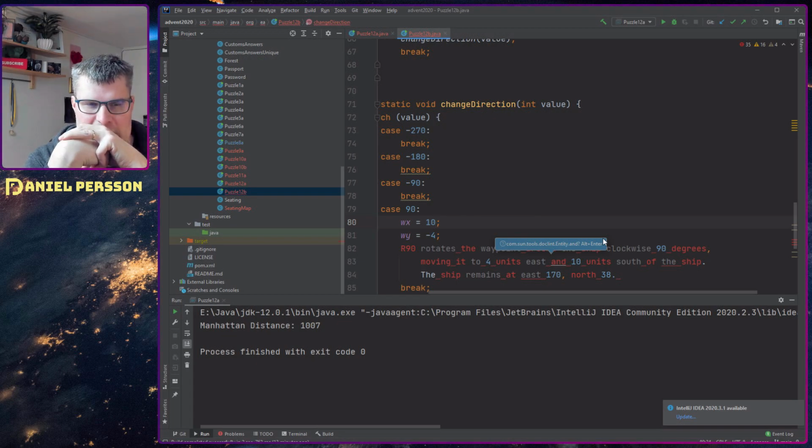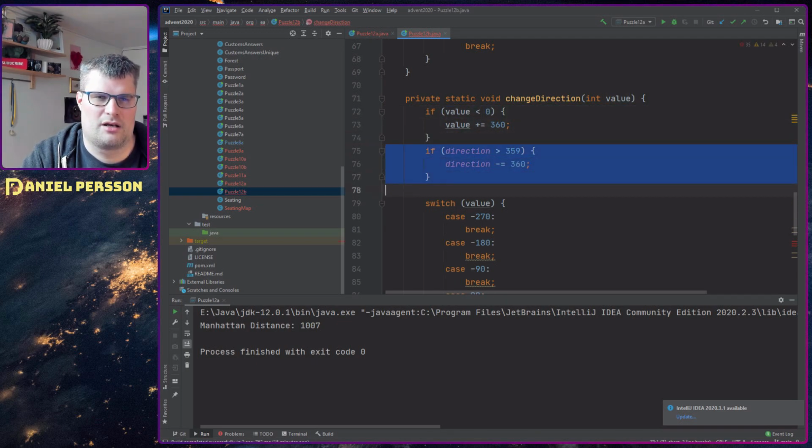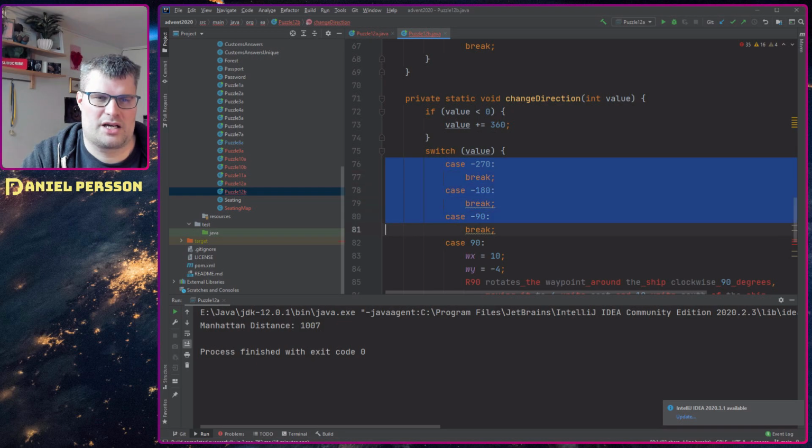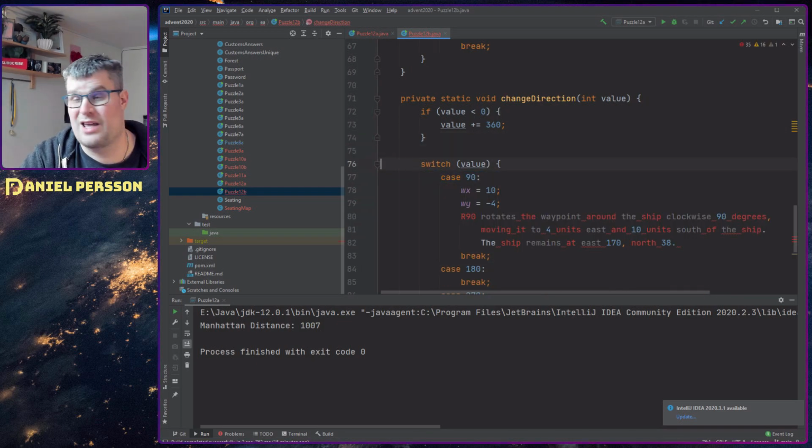And then we wanted to end up at, the only thing we can do is if it's less than 0, we can add 360, and if it's larger, because those will be the same actions, right? It doesn't really matter in what way we are changing this.